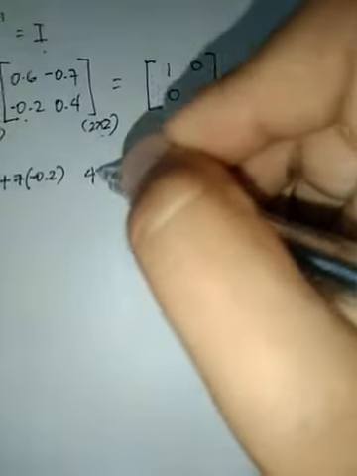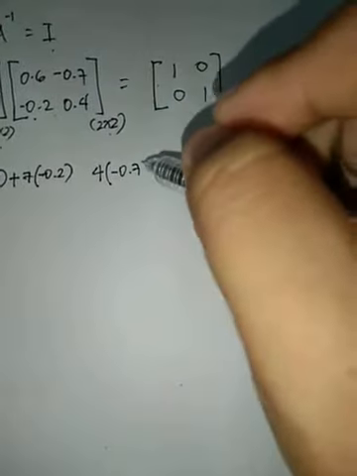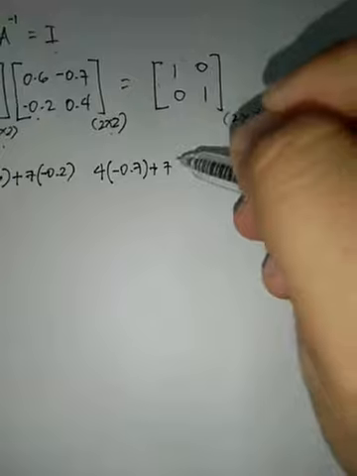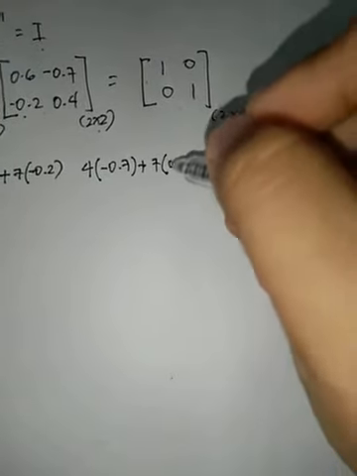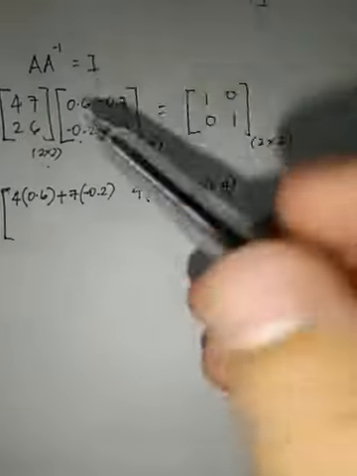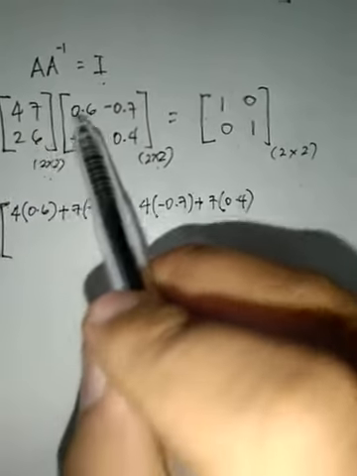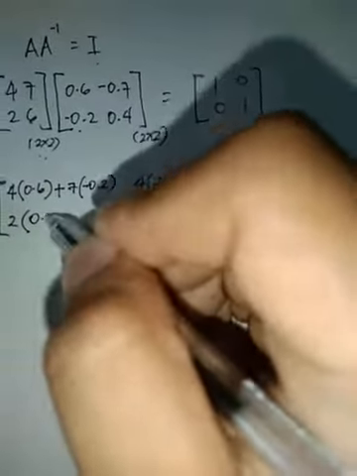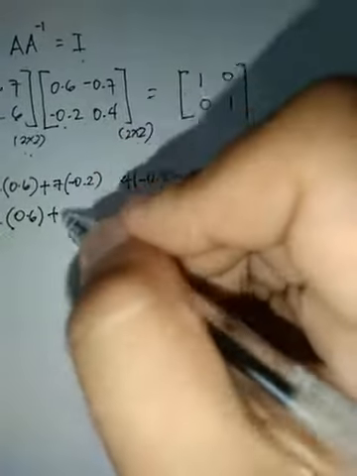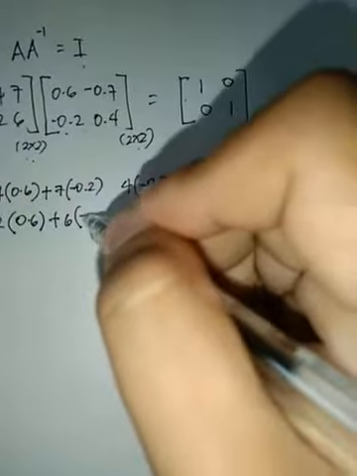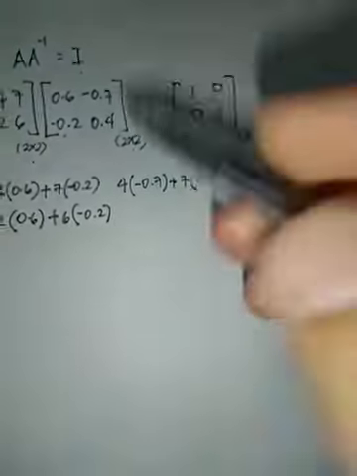Then, first row, second column. So, we have 4 times negative 0.7 plus 7 times 0.4. No? Okay. Ito na naman. Second row, first column. So, we have 2 times 0.6 plus 6 times negative 0.2.